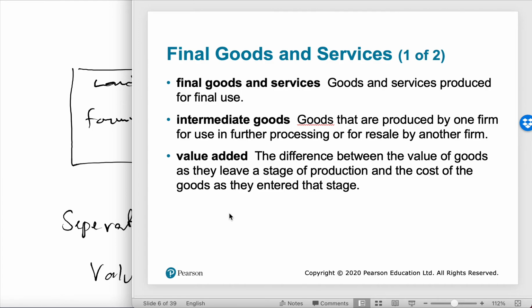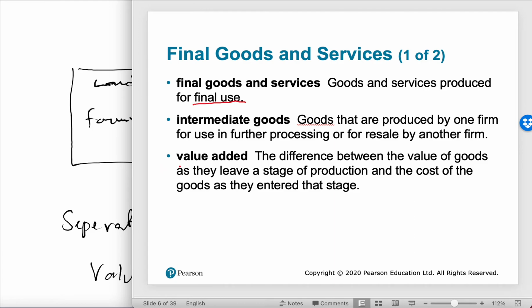It is goods and services for the final use. We are not going to use them for producing something else. They should be used for the sake of consumption, while the intermediate goods are used for making something else.